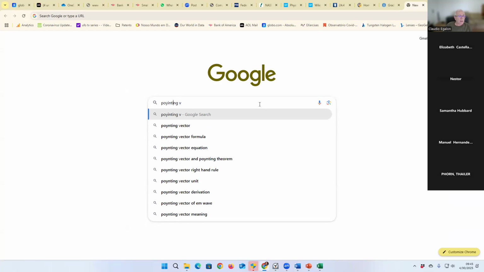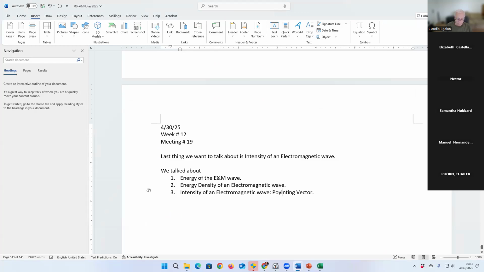Okay, it's with Y. Poynting vector represented by the letter S. This is actually a vector, but we are not going to worry about the vectorial quantity. We're going to worry only about the scalar quantity associated with the Poynting vector, okay? And then we have to clarify what intensity means, okay?